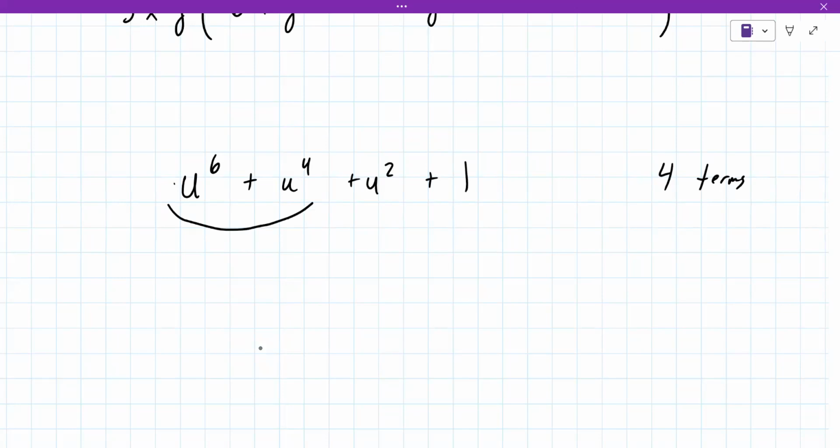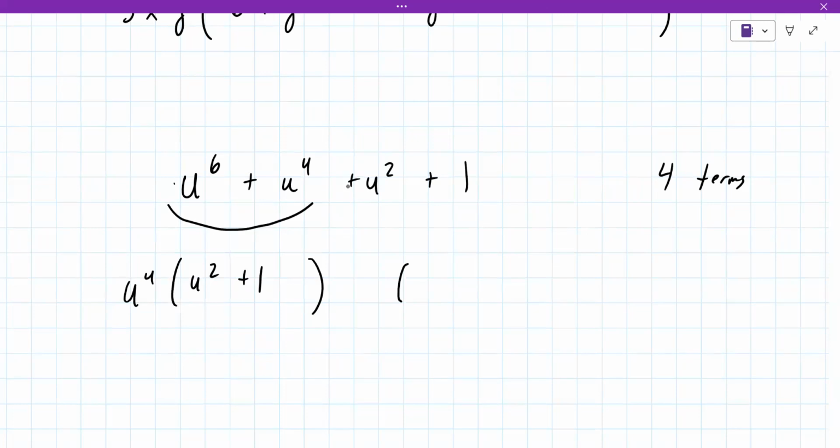So could you give this a try? Figure out what factors in the first 2. Would it be u to the 2? Bigger. What's the biggest exponent that goes into both of these first 2? Just the first 2. You don't care about the other ones. Oh, u to the 4. Okay, so put a u to the 4th on the outside. What goes on the inside? U to the 2 plus 1.